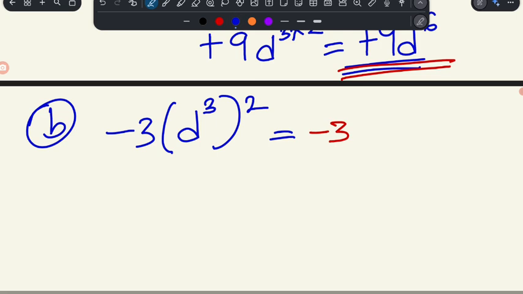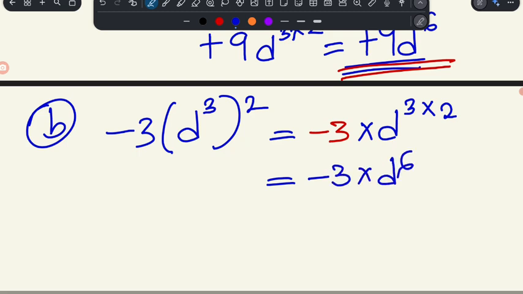That just means to multiply d raised to power 3 times 2, because the 2 affects only those in the bracket. So we have minus 3 times d raised to power 6, which will give us minus 3d raised to power 6. So this is the answer.